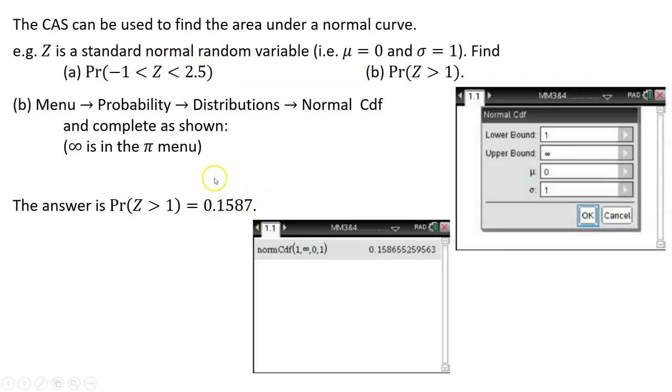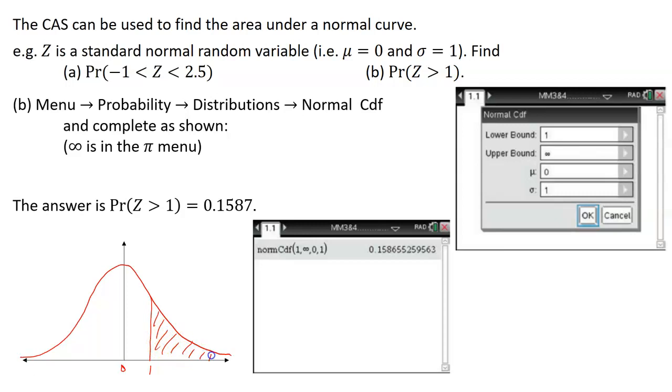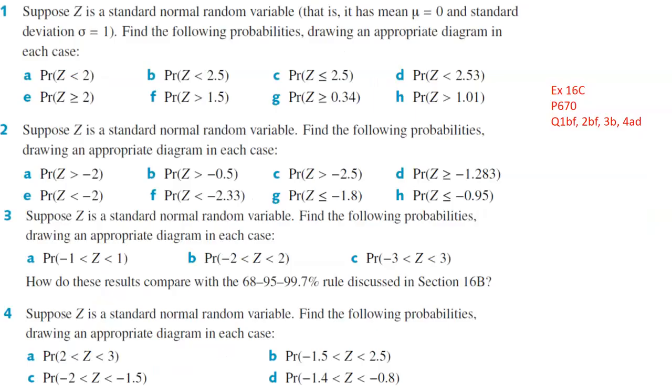Remember, when we're giving probabilities, we tend to do it to 4 decimal places. Let's draw a sketch. Here's my curve. Probability that Z is greater than 1, so this is 0. Here's 1, and it's everything above 1 that I found there. Pause the video now while you have a go at these questions.